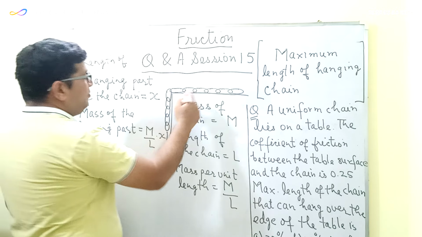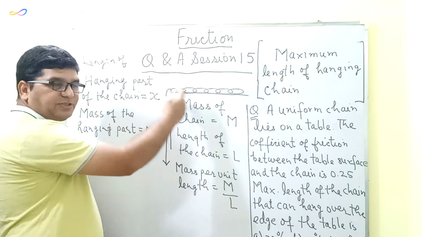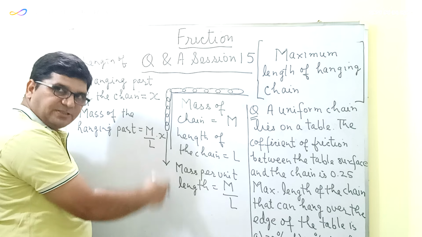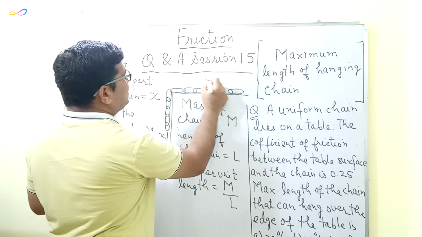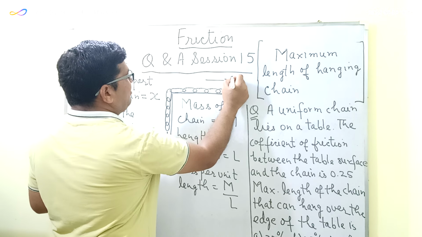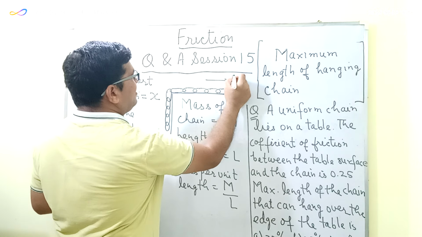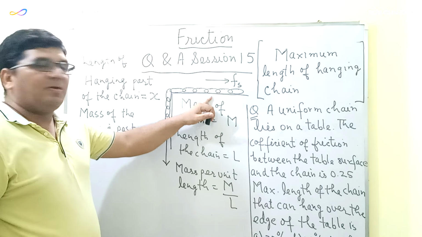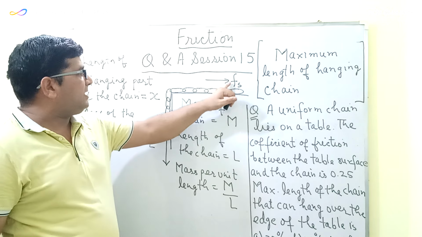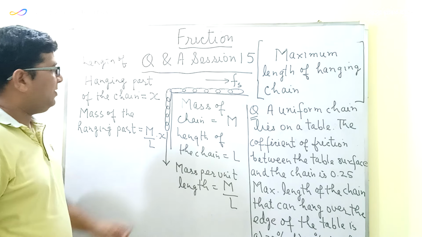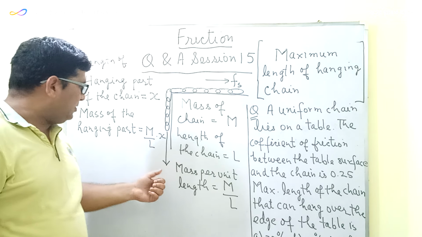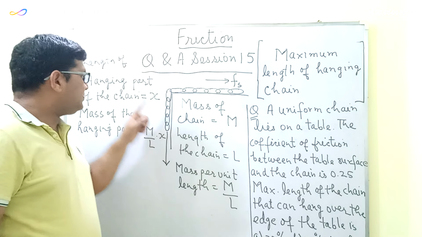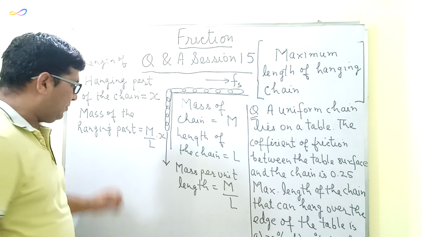Because of this tendency to fall down in this direction, the force of friction, let us denote this as Fs, will be acting in the direction indicated by this arrow. If the force of friction is able to balance the weight of this hanging part of the chain, then this chain will not fall down.